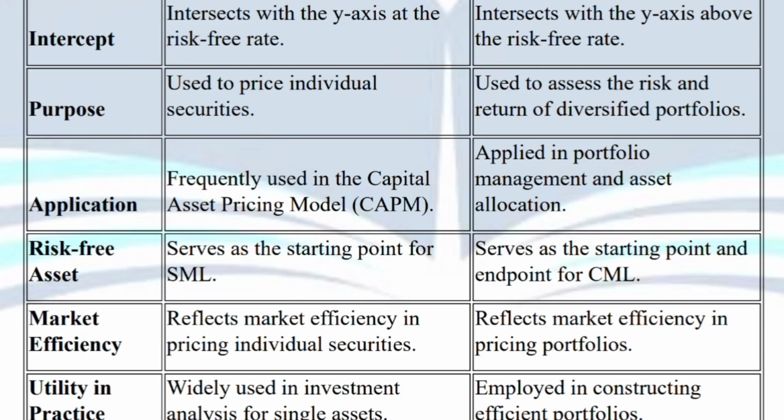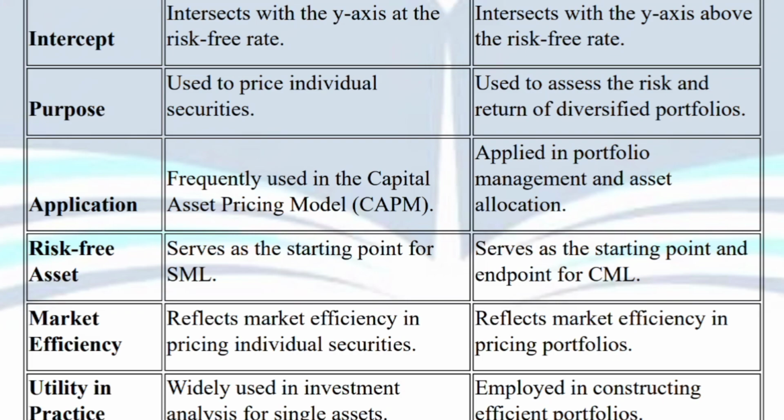But in the capital market line, the risk-free asset serves as both the starting as well as the ending point. Because in this case, investors choose to invest solely in the risk-free asset, or sometimes they also want to combine it with the risky asset to make a diversified portfolio.